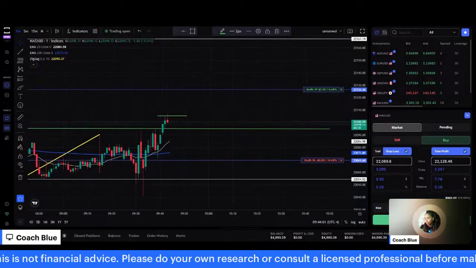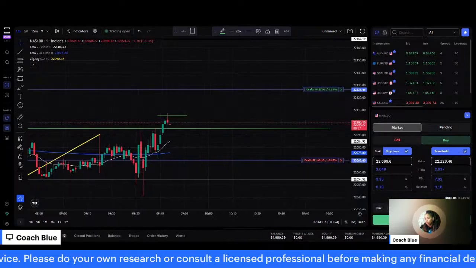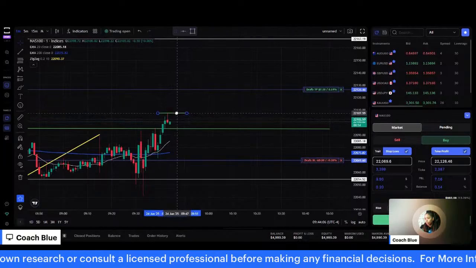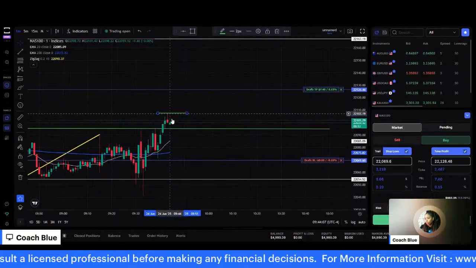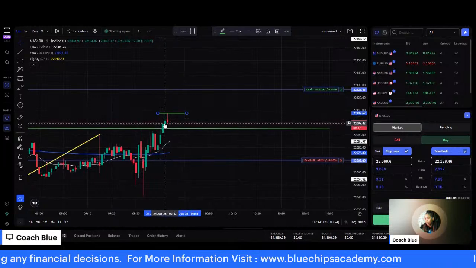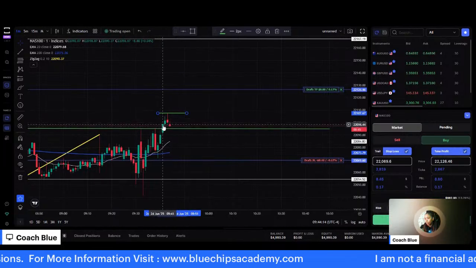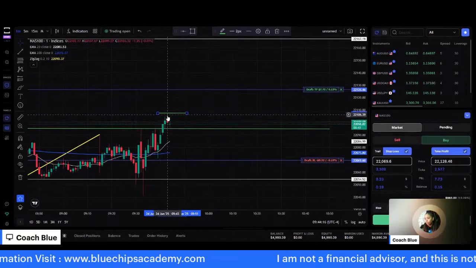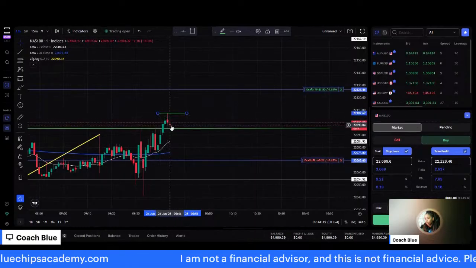So this is still considered a pullback. Now I'm going to move this up a little bit. I need that candle to break above this area right here in order for me to enter. So look at what we see. We got our breakout. These 2 candles will be considered a breakout because they're both green, right? We got our pullback here, that red candle.